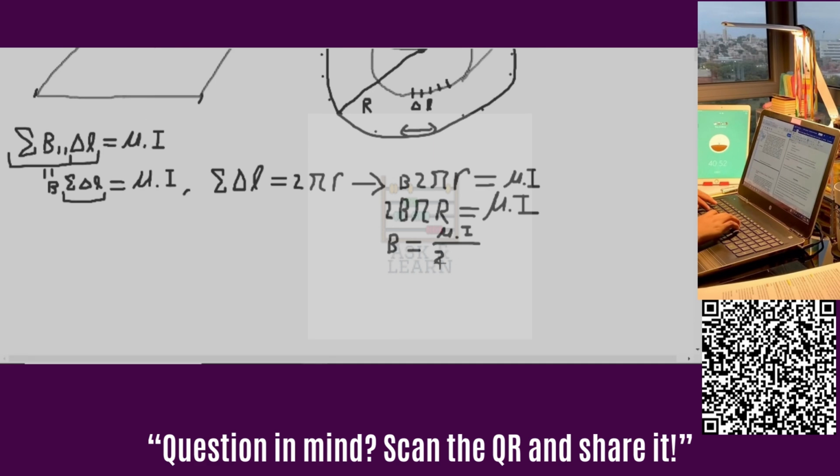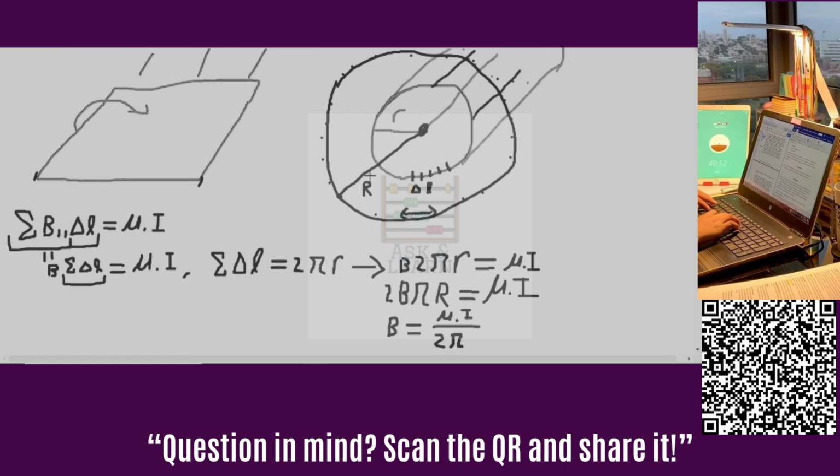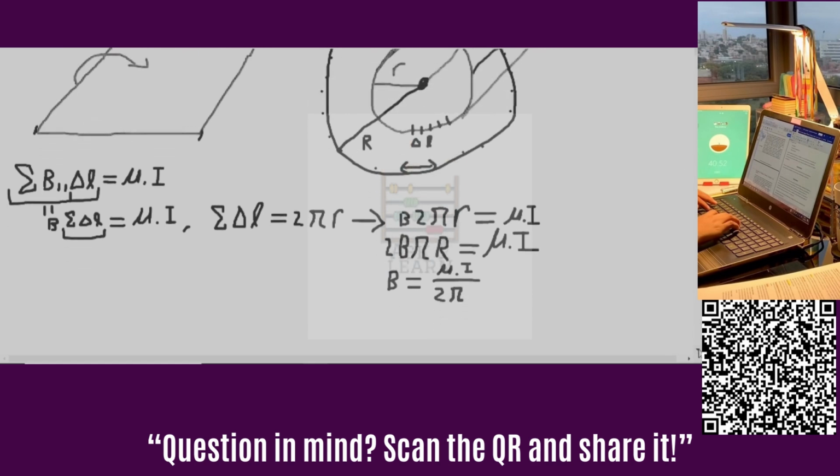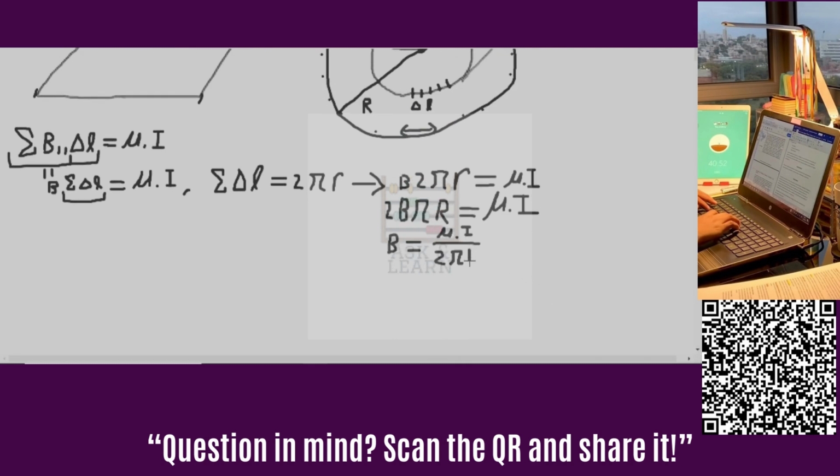So 2 pi big R. And the only difference between R's is the little r is for the radius of the cylinder, big R is for your distance outside of the cylinder. So this is your part A.